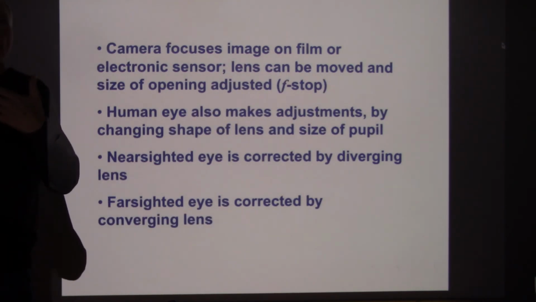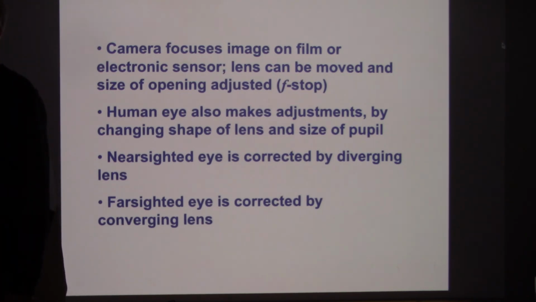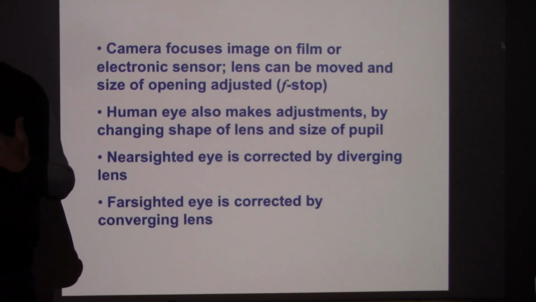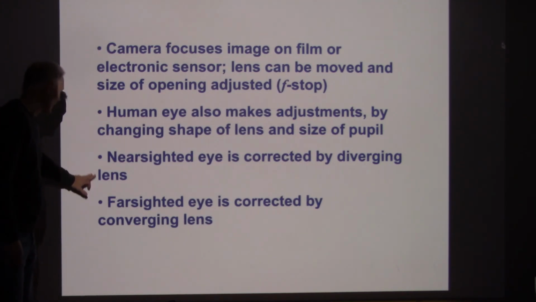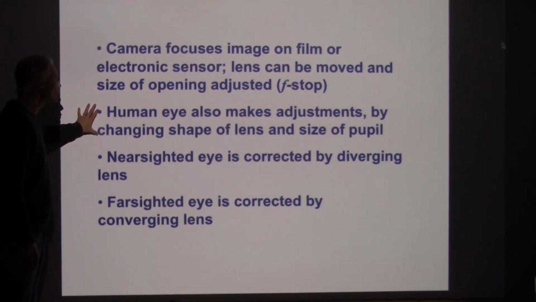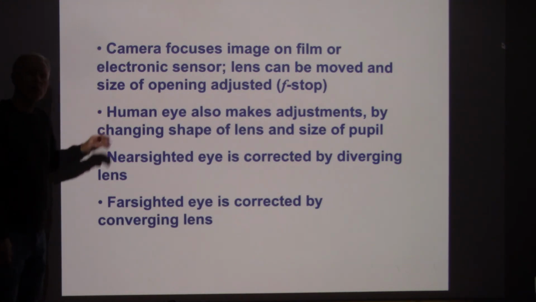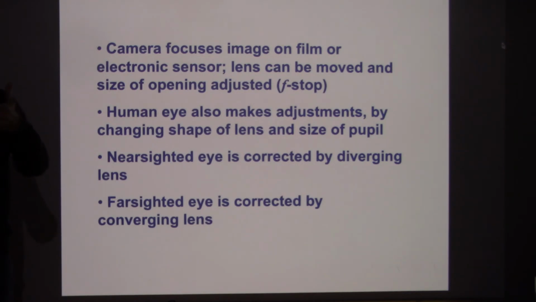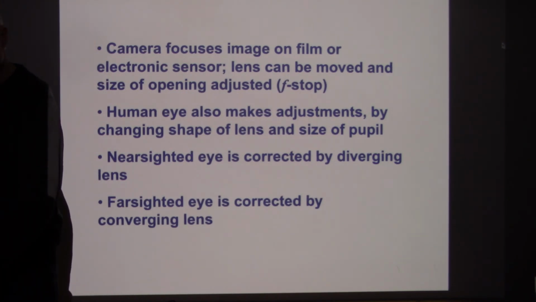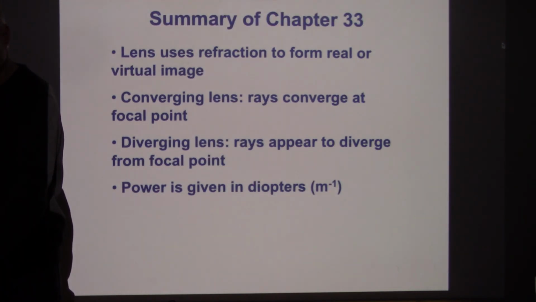Cameras, human vision, corrective lenses. How do we design corrective lenses for nearsightedness and for farsightedness? Human vision itself, most of the light converging happens at the cornea. The lens is just fine-tuning that. And I guess that's it.